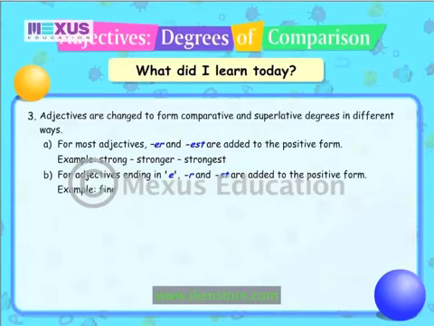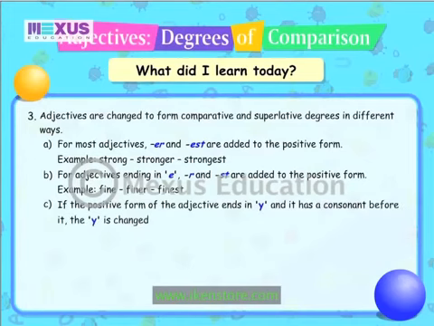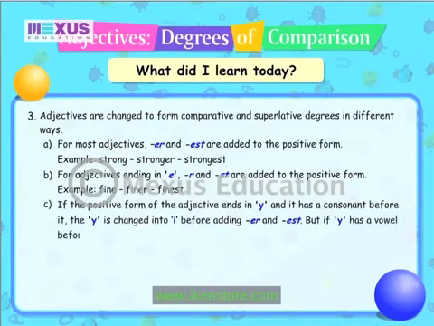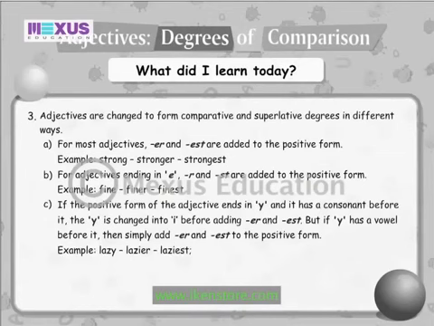Example: fine, finer, finest. If the positive form of the adjective ends in Y and it has a consonant before it, the Y is changed into I before adding ER and EST. But if Y has a vowel before it, then simply add ER and EST to the positive form. Example: lazy, lazier, laziest. Grey, greyer, greyest.